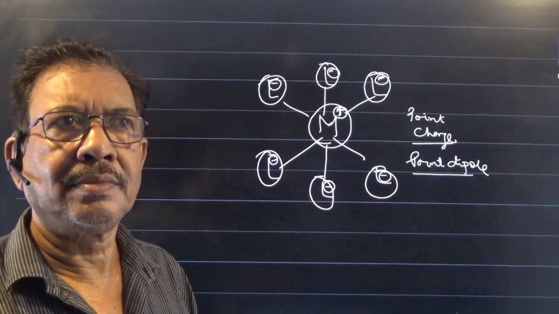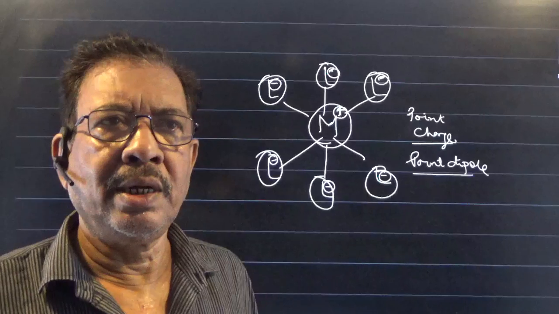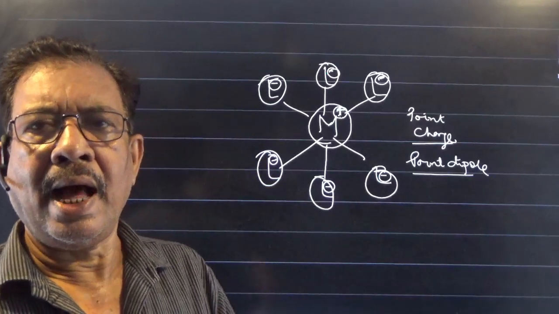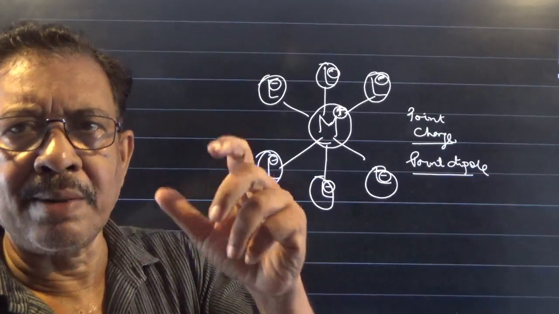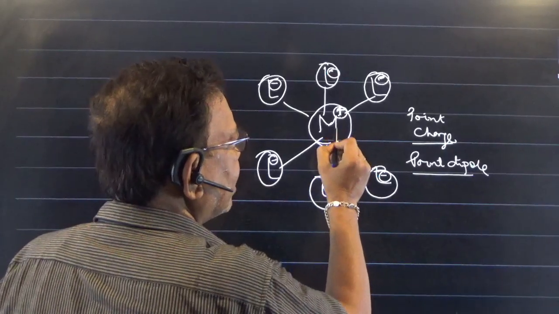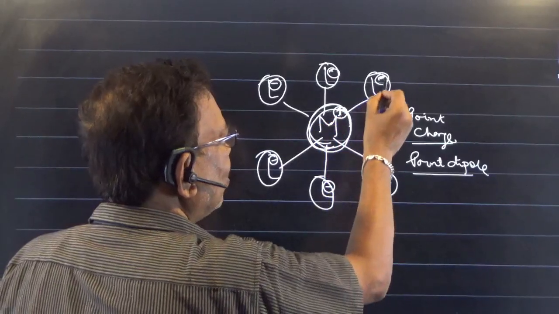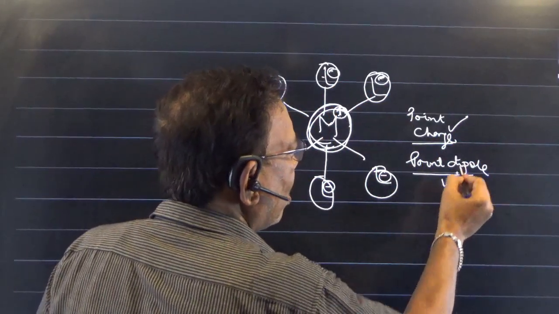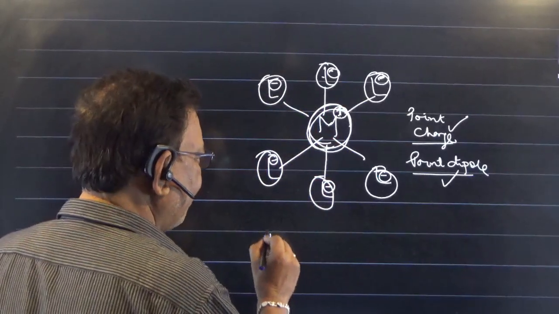Attraction. Very good. So two types of force are observed: one is an attractive force, another is a repulsive force. The attractive force takes place between the positively charged nucleus of the central metal cation and the ligands. The ligand may be a point charge or a point dipole, both will attract.